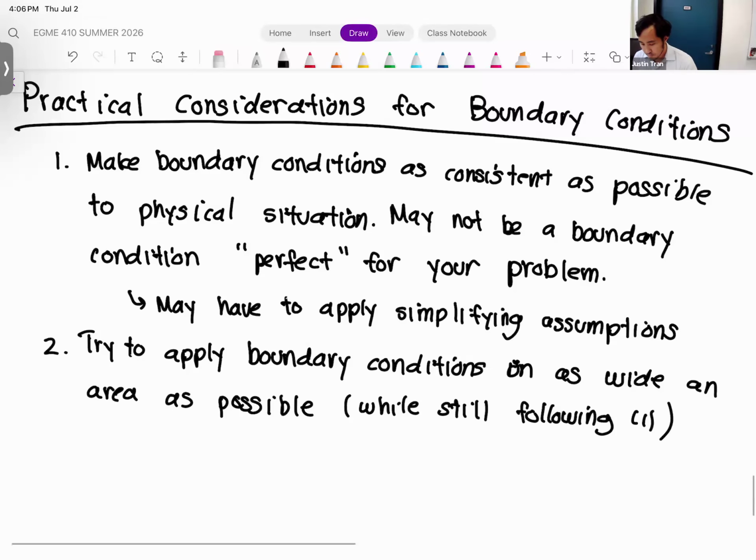So for example, if you're given the option to apply a force either at a single point, along an edge, or across the surface, you always want to choose the surface. You want to try to distribute the force or load as much as you can.